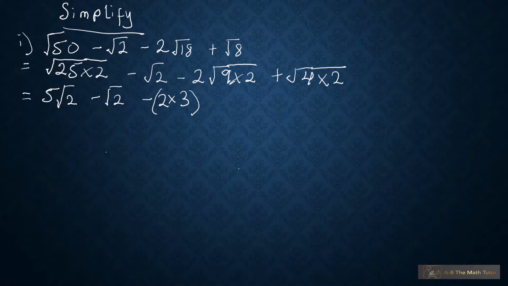So this 3 is coming from the square root of 9. And the square root of 2 remains root 2. Plus 2 root 2, and this 2 is coming from the square root of 4.